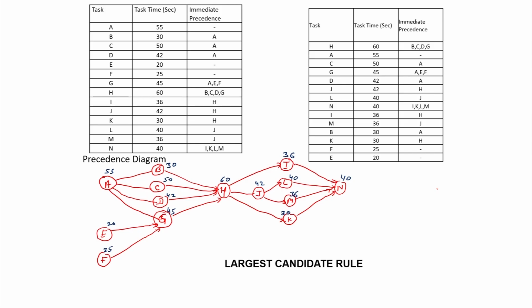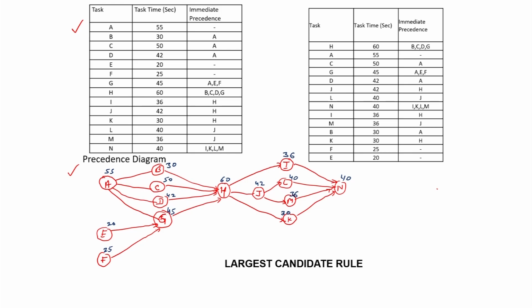The procedure is the same. The first step: the activity time and predecessor relationship are given to us. Based on this, we will develop the precedence diagram as we did for the ranked positional weight. I have selected the same example as we were doing for the ranked positional weight technique, assembly of 300 computers in 480 minutes.